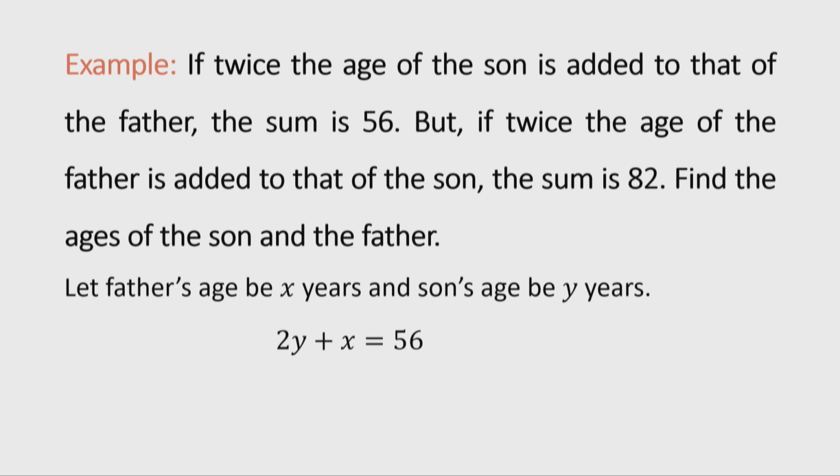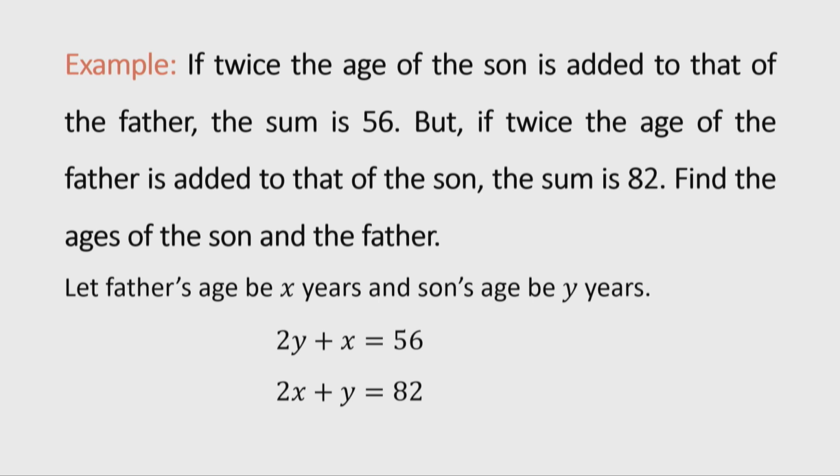Now let us continue. But if twice the age of the father, so father is x years old, twice the age of the father will mean 2x, is added to that of the son, and the son is y years old. So 2x plus y, the sum is 82, that is 2x plus y equal to 82.